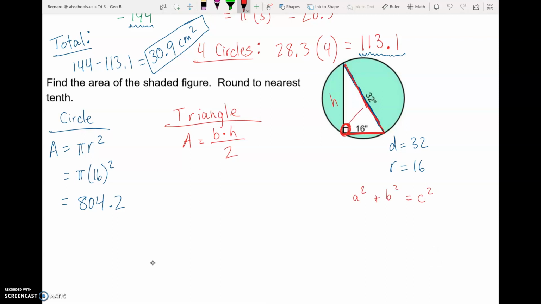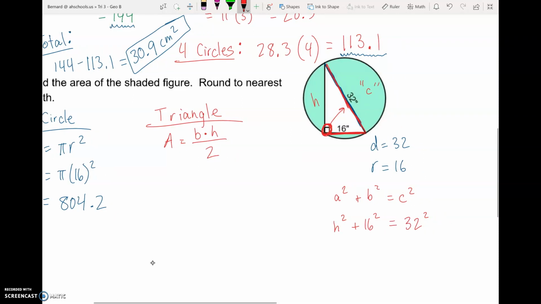Remember, the crucial part is labeling the hypotenuse as c. So that's what 32 is. And so our equation here will be h squared plus 16 squared equals 32 squared. And now we got to solve this for h. And so 16 squared is 256. And that's going to equal 32 squared, which is 1024.